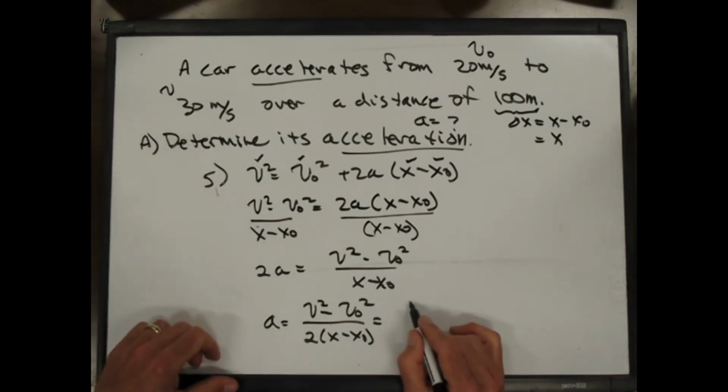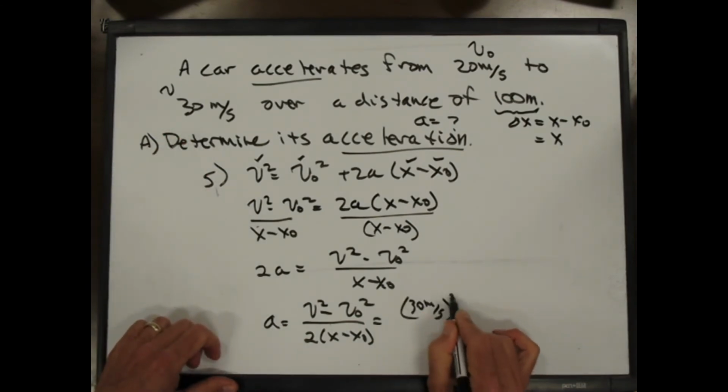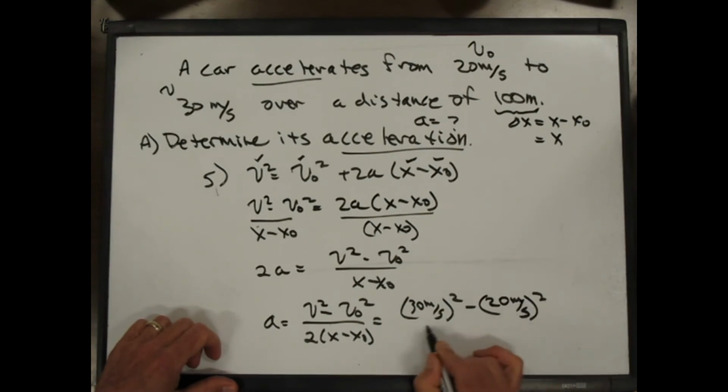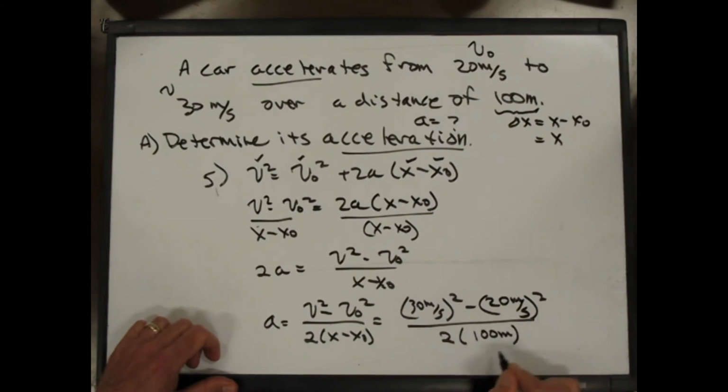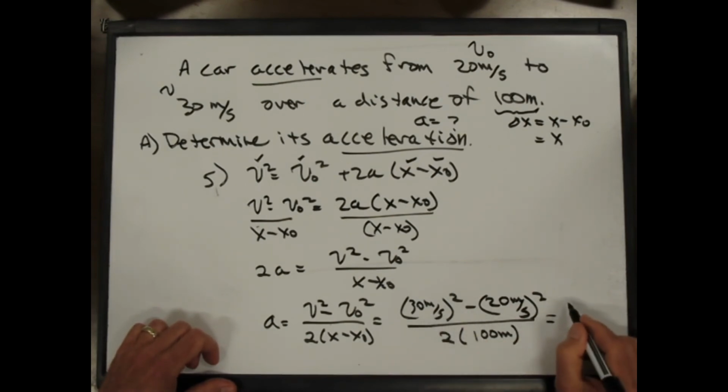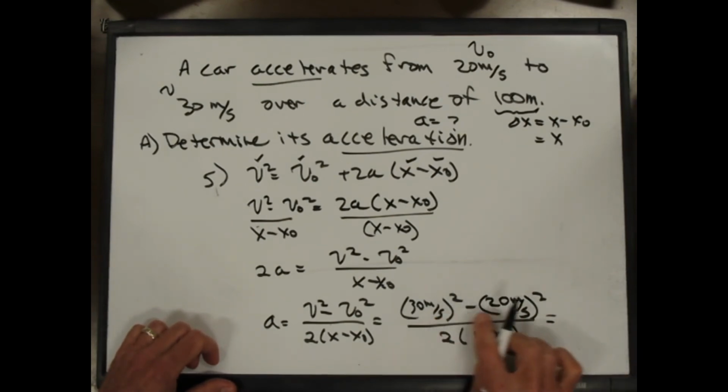I want my acceleration, so it's 30 meters per second squared minus 20 meters per second squared over 2 times my distance traveled, which is 100 meters. Right, and so that's 900 minus 400.